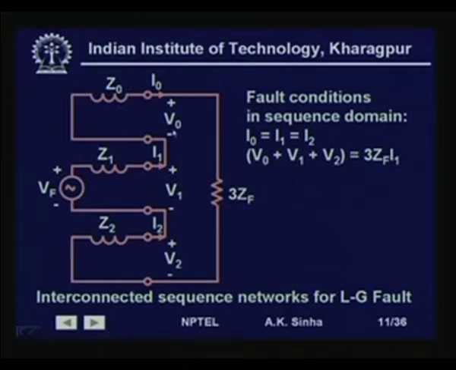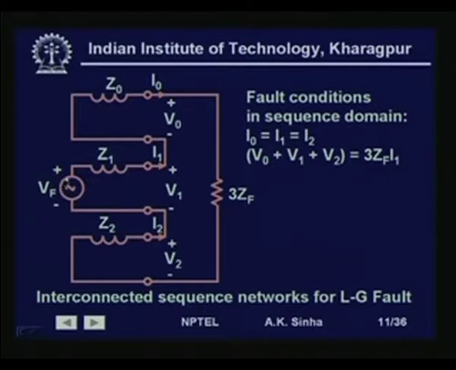The zero sequence network will be Z0, and the voltage across this is going to be V0, the voltage across this is going to be V1. Similarly, this is the negative sequence network with Z2, the impedance. There is no voltage source for the zero sequence and negative sequence networks, and the voltage across the negative sequence network is V2.